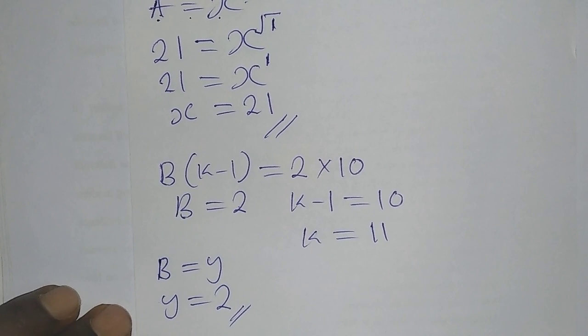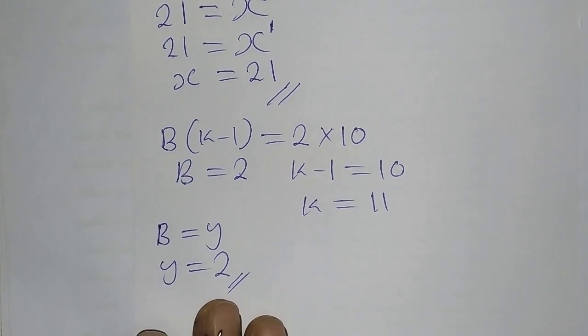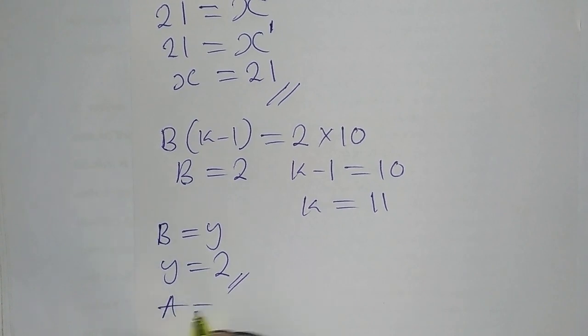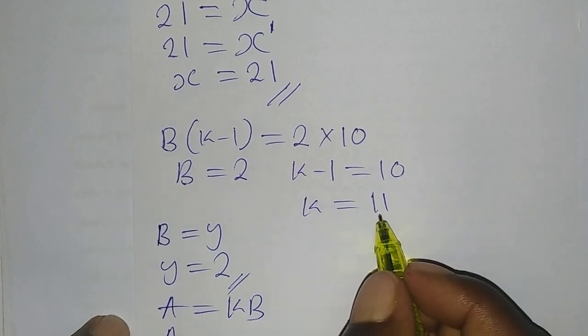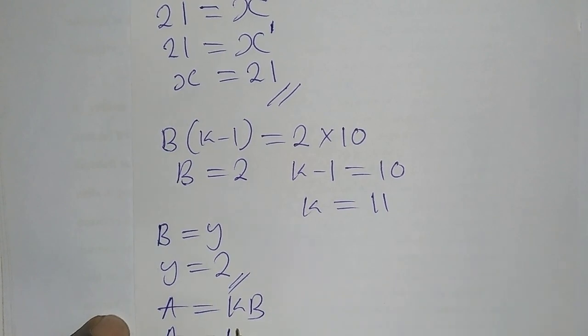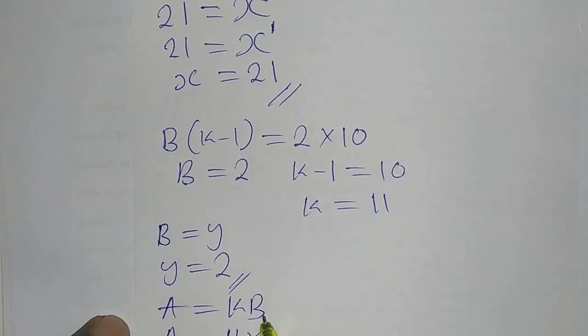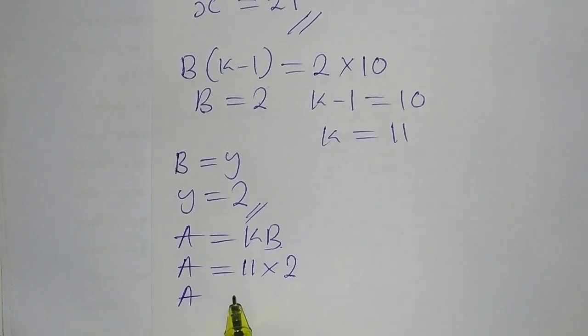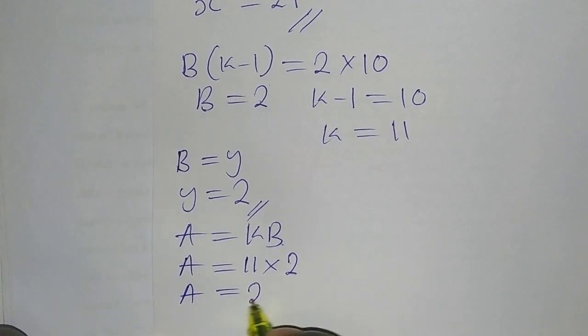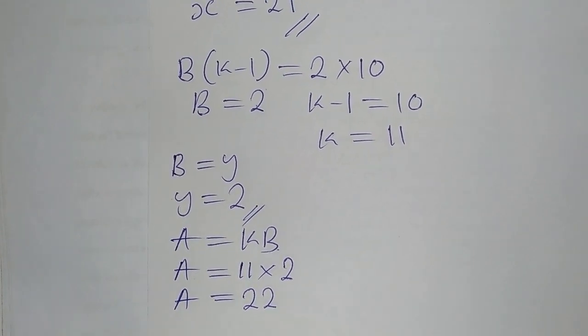In order to get the value of x, we have to refer back to our a. Our a, we equate it to be kb. Now a is equal to our k, which is 11, multiplied by b, and b is 2. Therefore a is equal to 22.